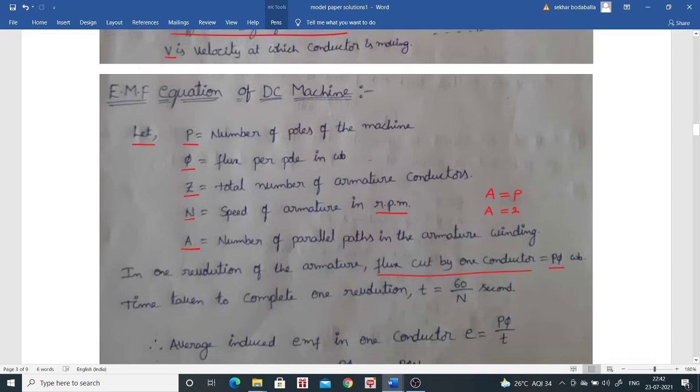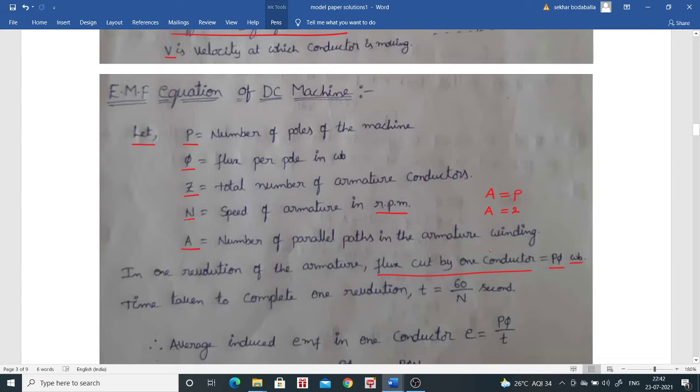How many such poles are there in this machine? There are P poles. So if I multiply P and flux per pole, I'll get the total flux available in that machine. That's why P into phi Webers is the flux cut by one conductor in the armature if it made one revolution.